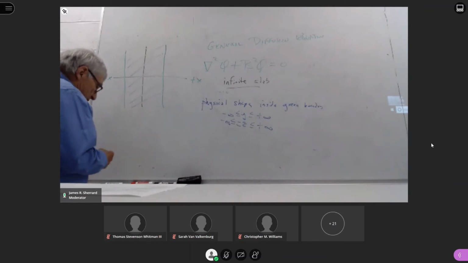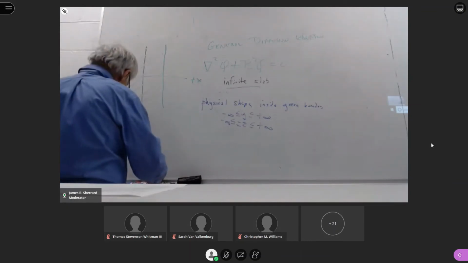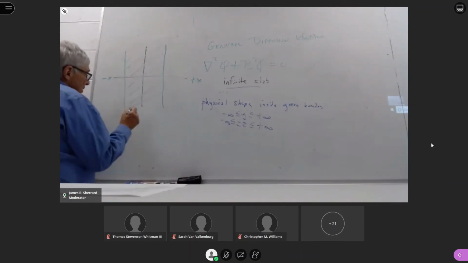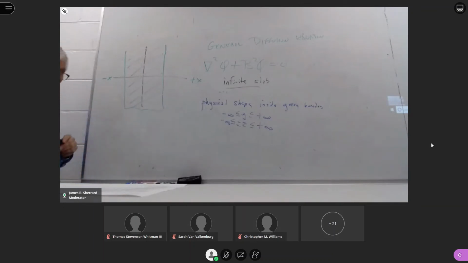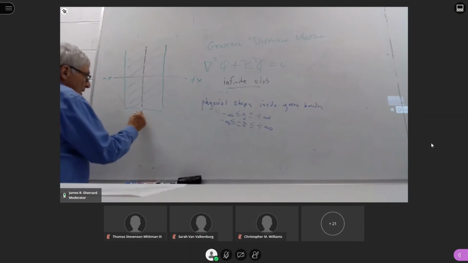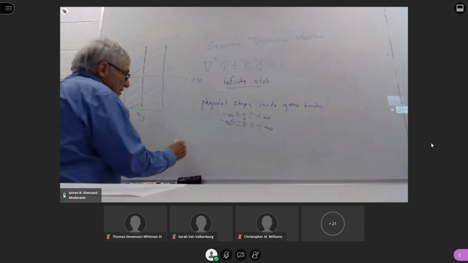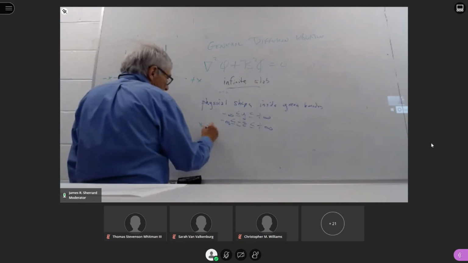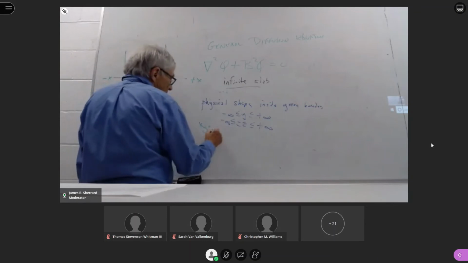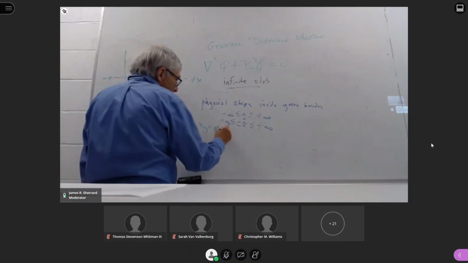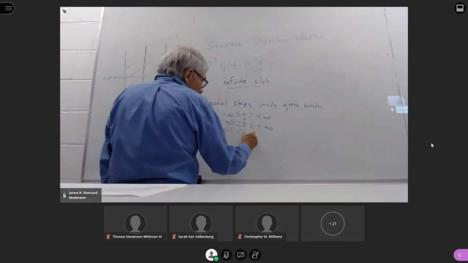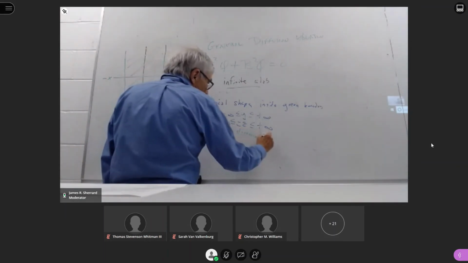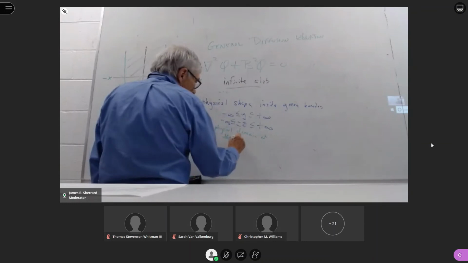When you do this, this distance is x sub g, where x sub g is the physical dimension of the mixture.